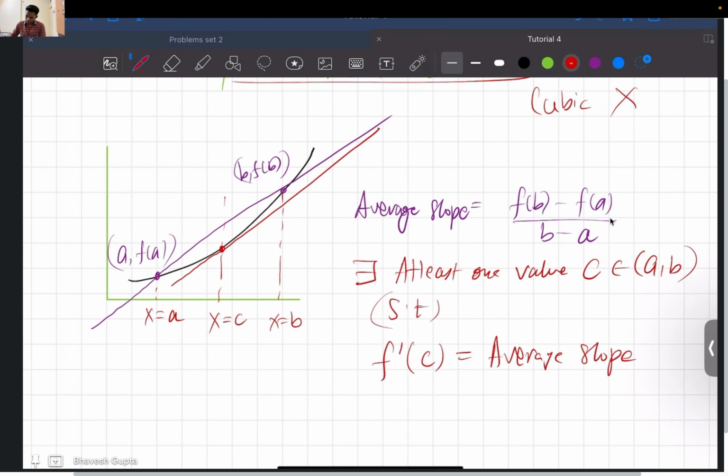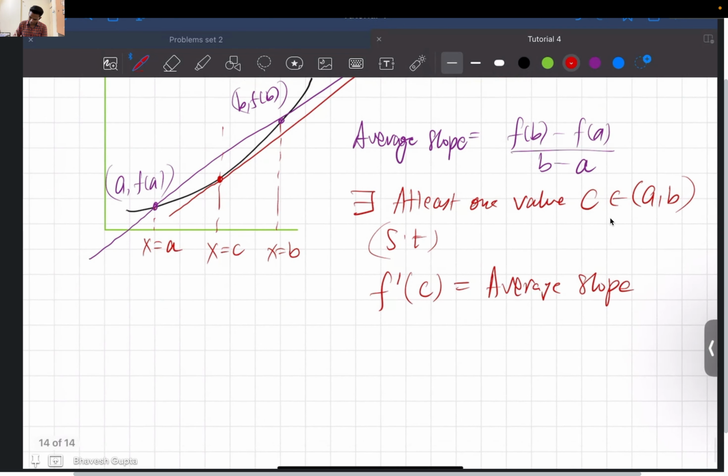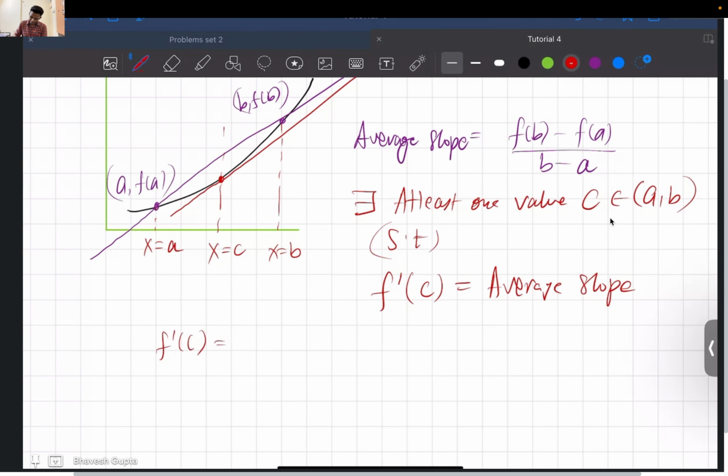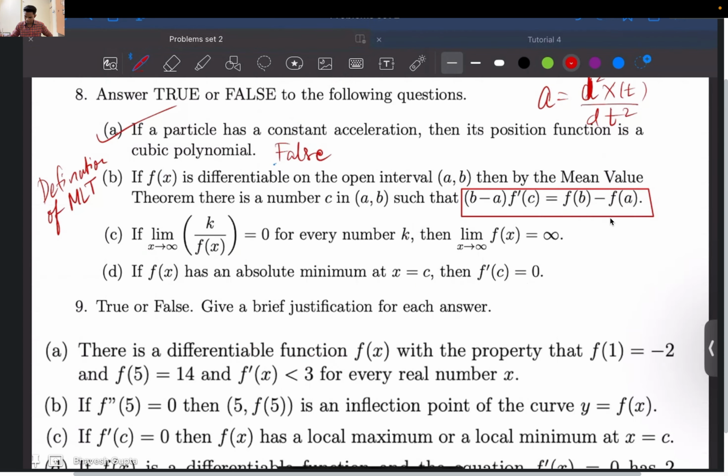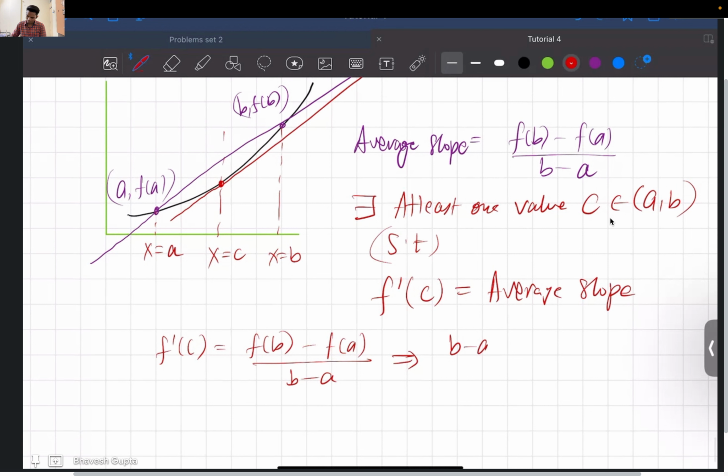So from here I can see that my f prime of c is basically f(b) minus f(a) over b minus a, and at the end you can write it as whatever the problem states, just by doing a cross multiplication, f prime of c times (b minus a) equals f(b) minus f(a), provided that a is not equal to b.